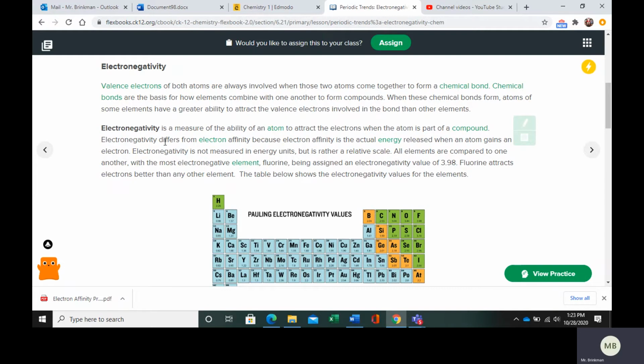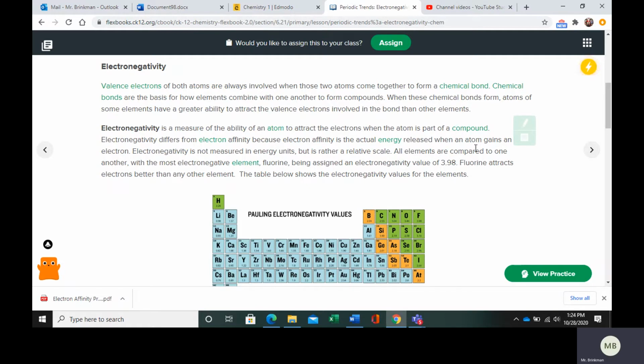So electronegativity is different from electron affinity, because electron affinity is the energy released when an atom gains an electron. Electronegativity is more of a relative measurement. Atoms are going to be either more or less electronegative than other atoms.